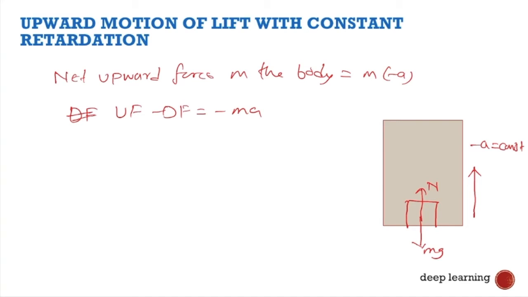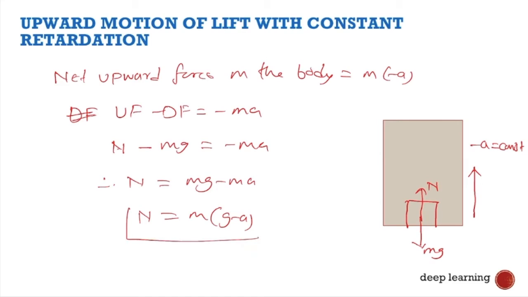Upward force over here is capital N, downward force is mg, so N minus mg is equal to minus ma. So N is equal to mg minus ma, or m(g minus a). You can see, even when the lift is going upwards, the weight is decreasing. So if the lift moves upward with retardation, the apparent weight will get decreased. That is, the weight of the body will appear to be decreased.